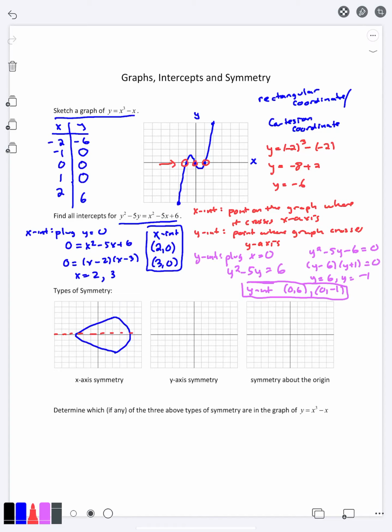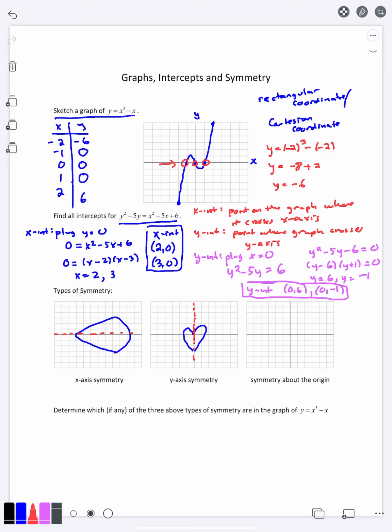Y-axis symmetry is the same thing, but now instead of going around the x-axis, it's going to be around the y-axis. So again, if you were to put a little dashed line on the y-axis and fold the paper there, the two sides would line up nicely. Okay, so that's x-axis and y-axis here.